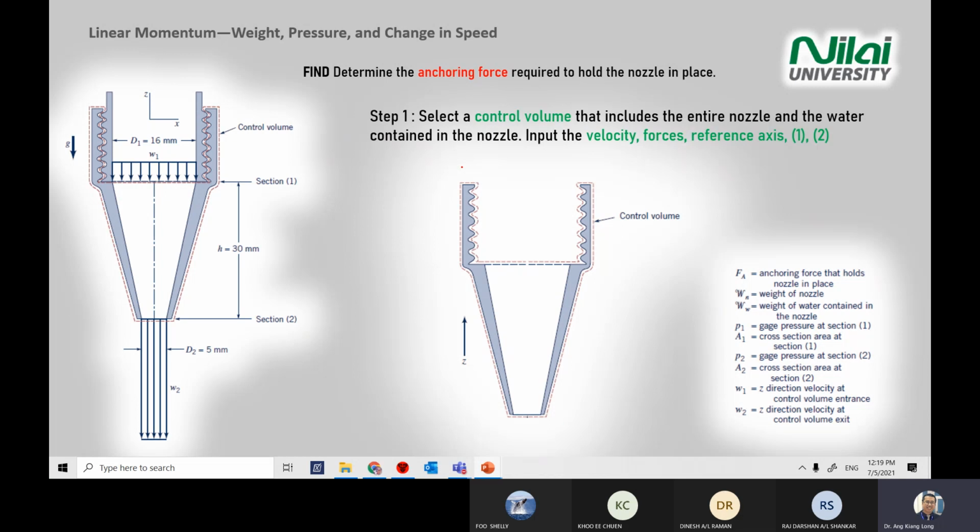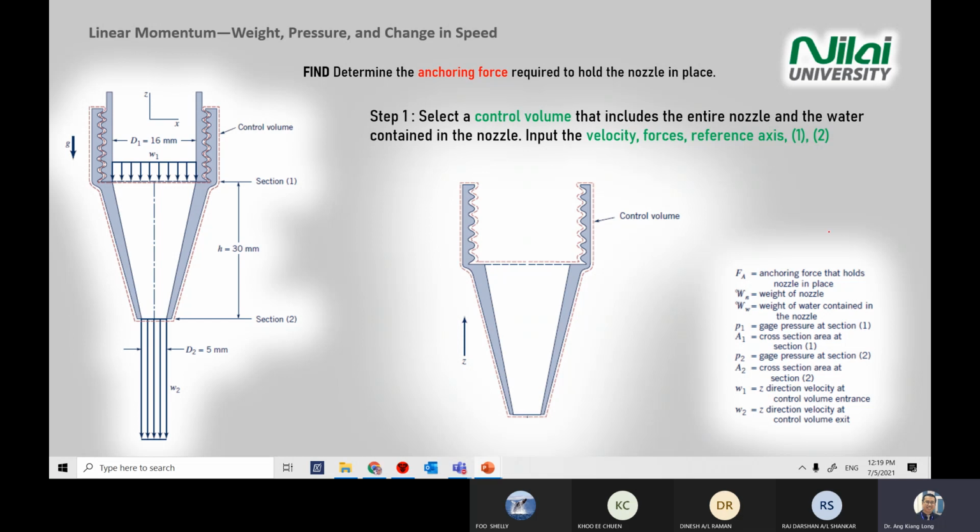So before we proceed, after you draft the control volume, you pull the control volume out. Then you need to know the Z here. Just to remind you that the positive direction is going up.